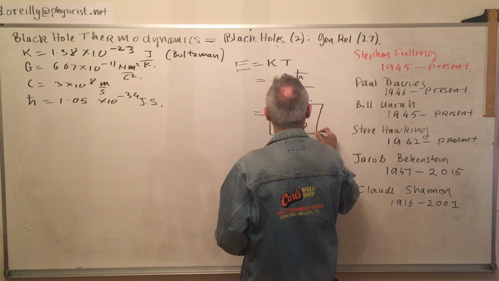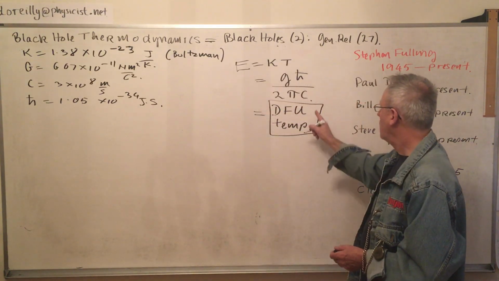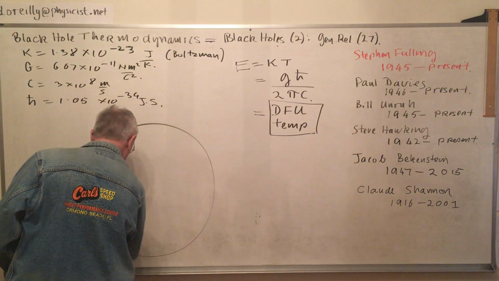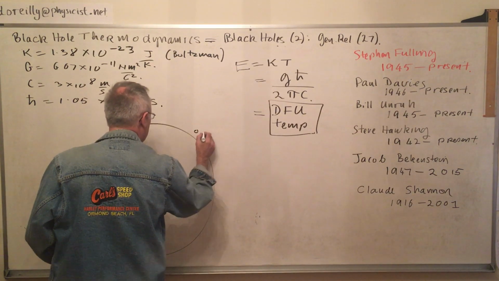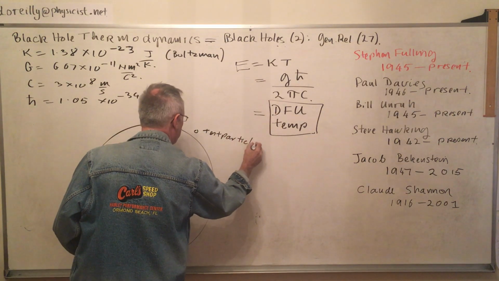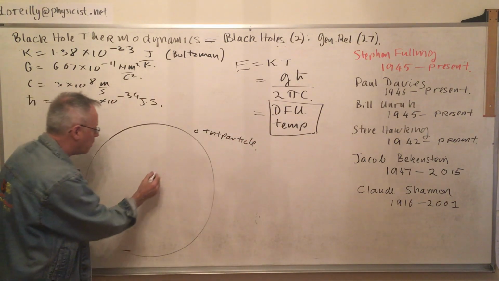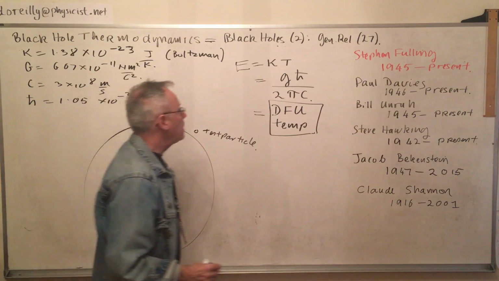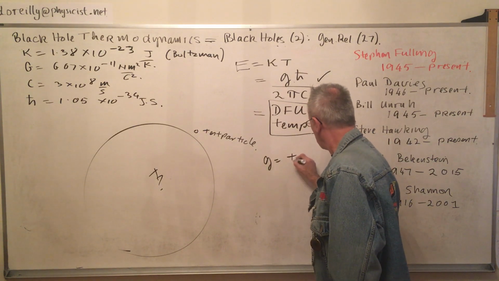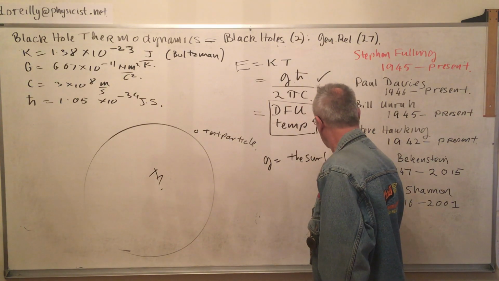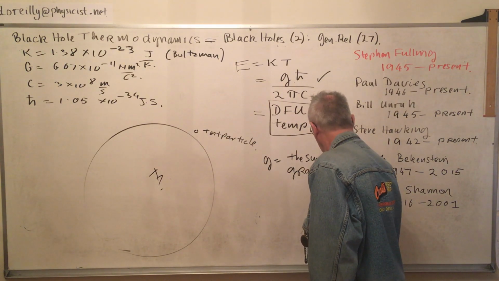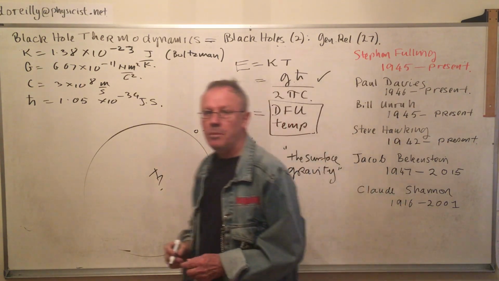Our starting point will be the Davies-Fulling-Unruh temperature, which says this. We have a test particle close to a gravitating mass. It experiences a temperature due to its acceleration, where g is said to be the surface gravity.